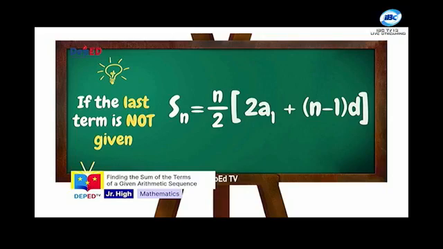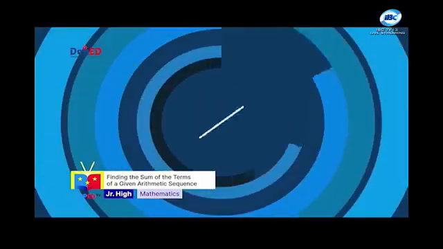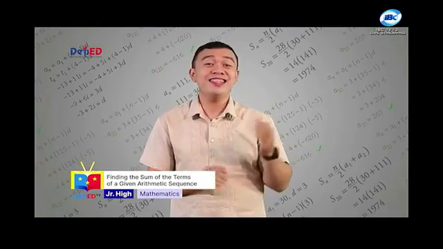Again, if the last term is not given, we will use the formula S sub n is equal to n divided by 2 times the quantity 2 times a sub 1 plus n minus 1 times d, where S sub n is the sum of the first n terms, a sub 1 is the first term of the sequence, and d is the common difference. Let's take a look at these examples.